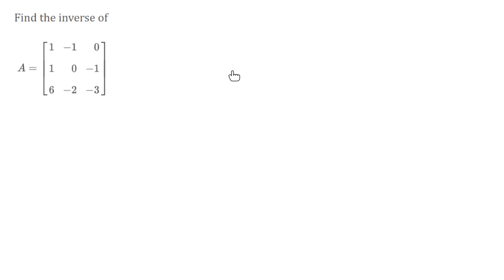Okay, so then you get to something like this, right? Find the inverse. So can I use the formula? We cannot use the formula, right? Because it only works for a 2 by 2.